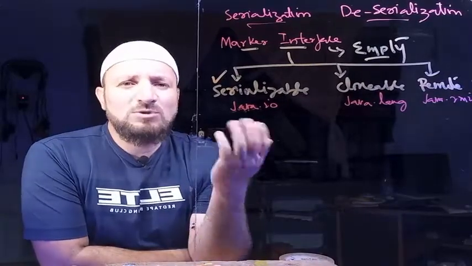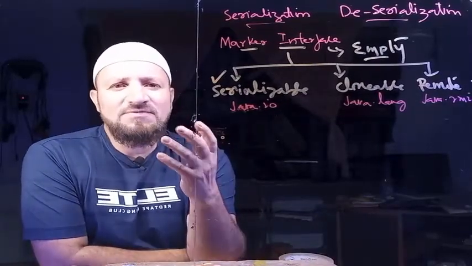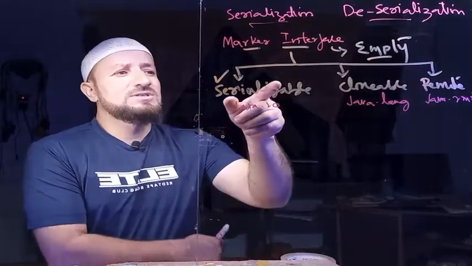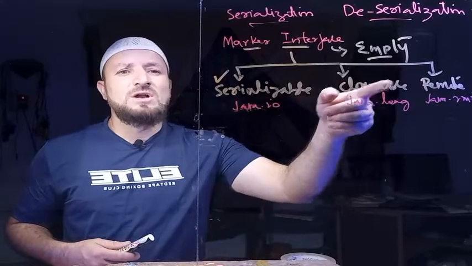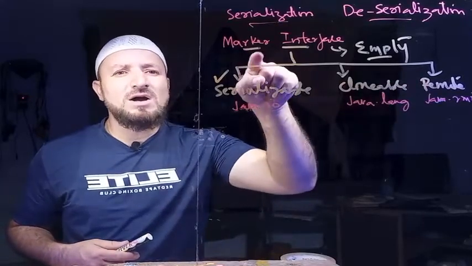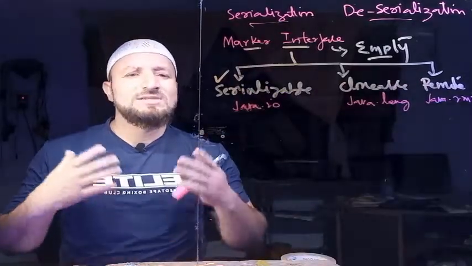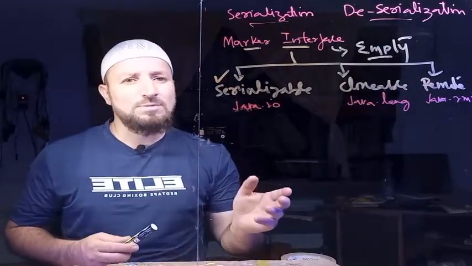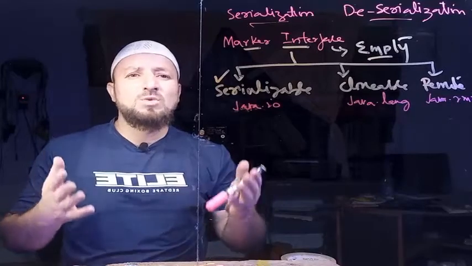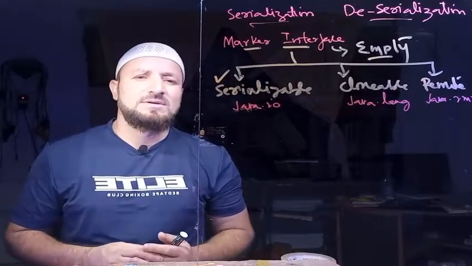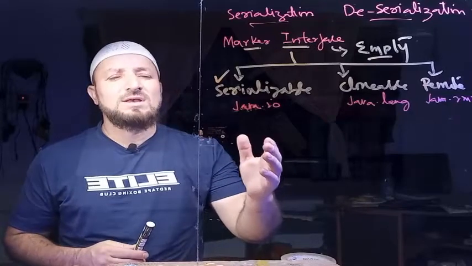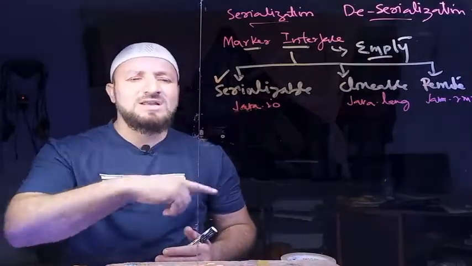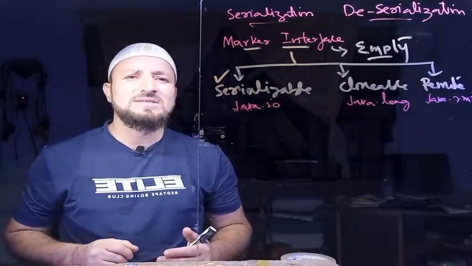But the question is, if these interfaces, Serializable, Cloneable, and Remote, are marker interfaces, that means they are empty and don't have any field or method. Then why do we need them? We extend classes and we implement interfaces.